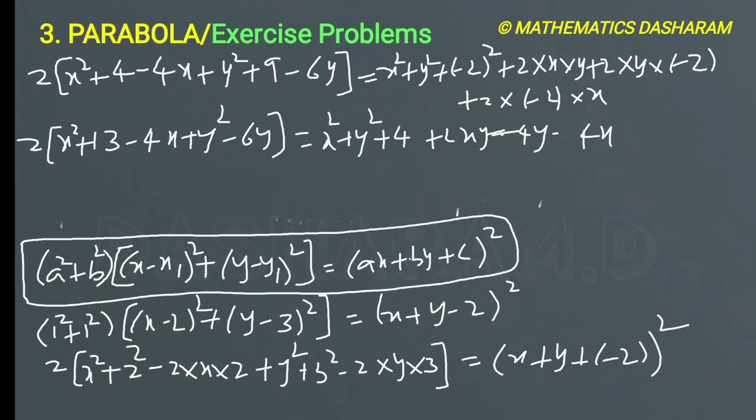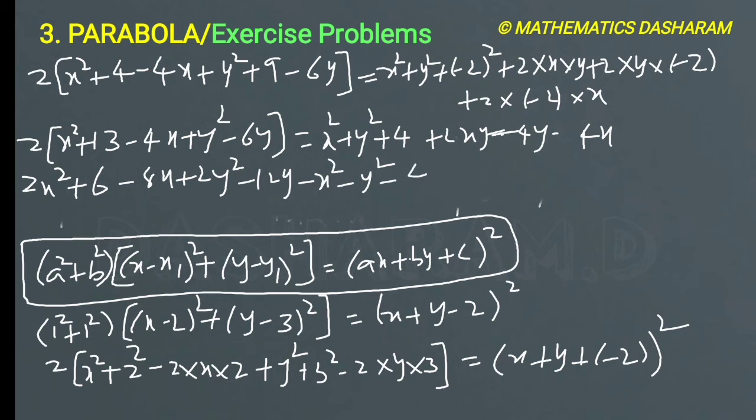Now 2 multiply inside: 2x square, 2 threes are 6, minus 8x, 2y square minus 2 sixes are 12y, and write all these terms on the left side. So minus x square minus y square minus 4 minus 2xy plus 4y plus 4x equals 0.